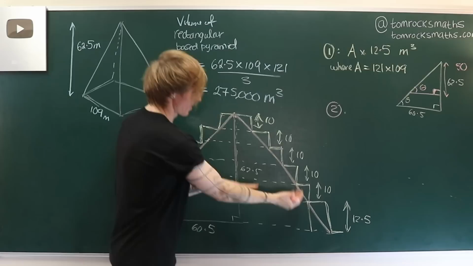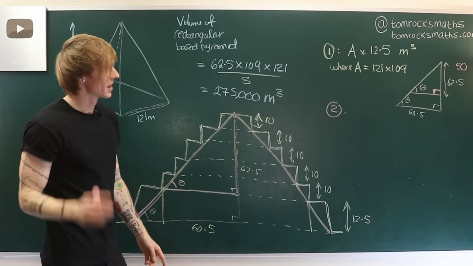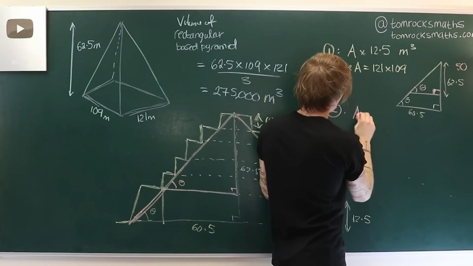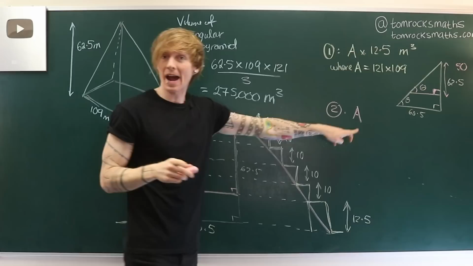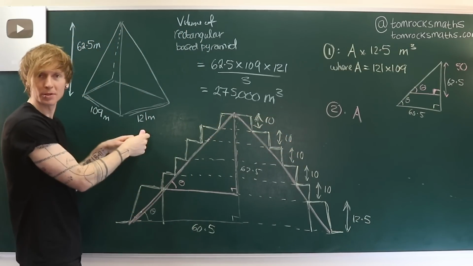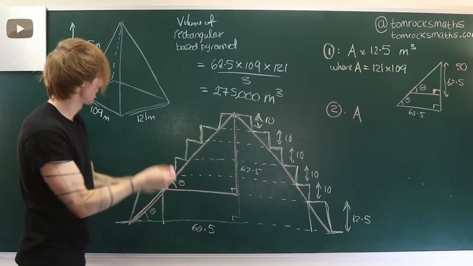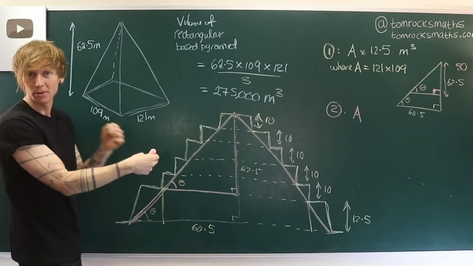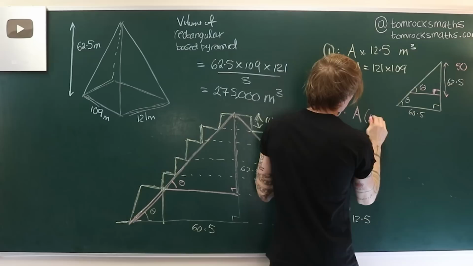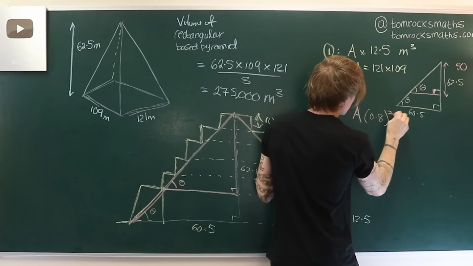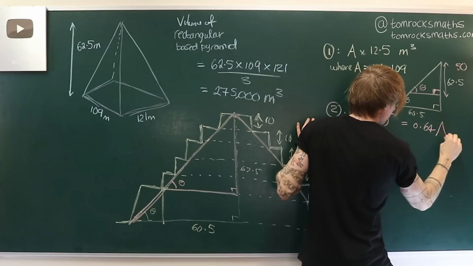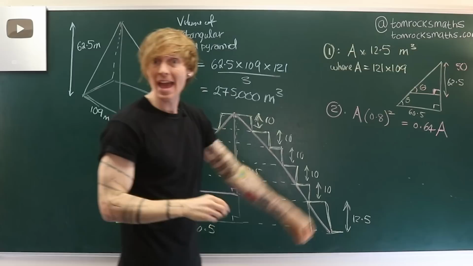And of course, this is symmetric, so the same for this triangle. So we now know that the new area is the original one, but the 121 has been multiplied by 0.8, and the 109 has been multiplied by 0.8. So it's the original area times 0.8 squared, so that's actually 0.64 times that original area A.